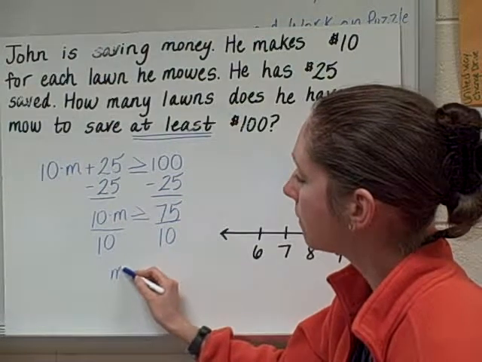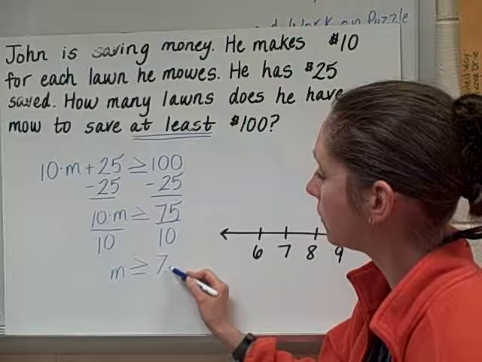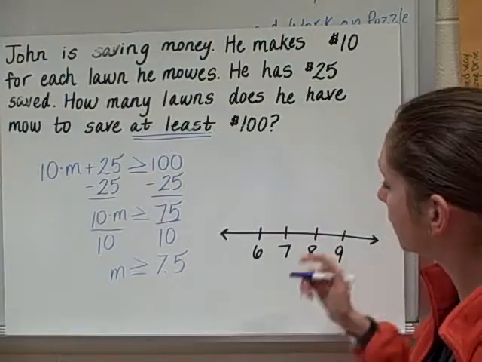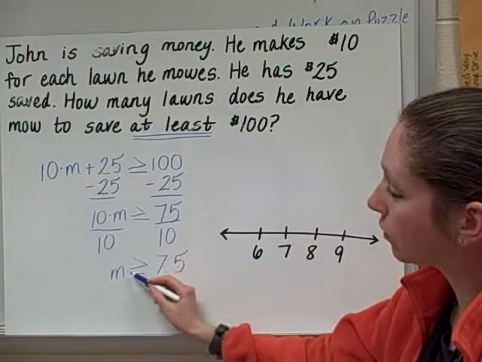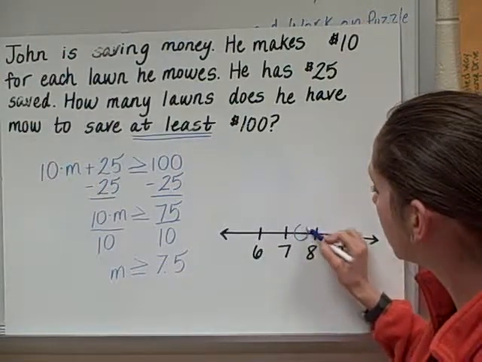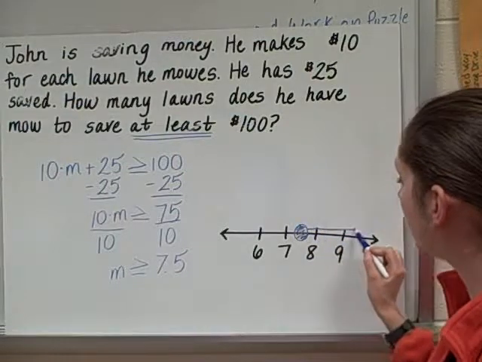So m is greater than or equal to 7.5. So to graph that, I'm going to graph it with a closed circle, greater than or equal to, on 7.5, in between 7 and 8, and I'm going to shade up.